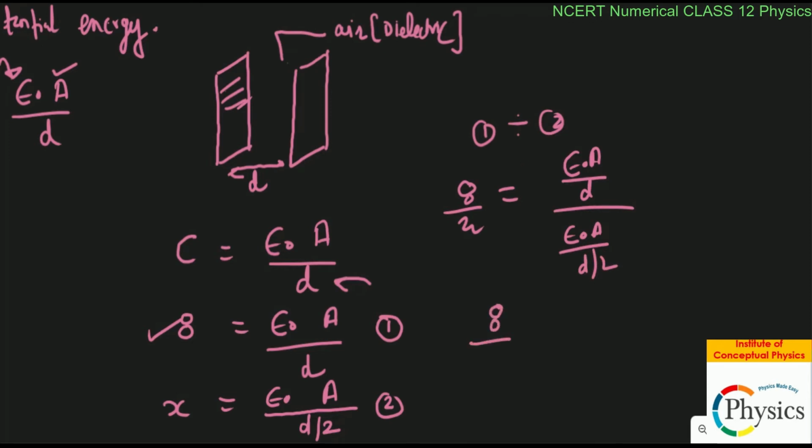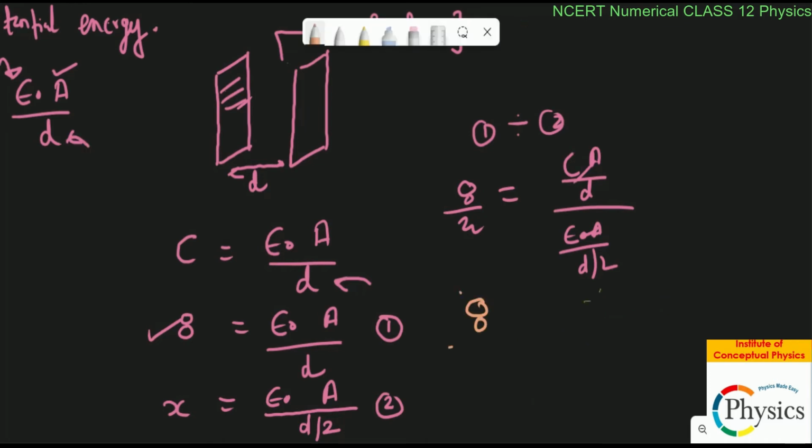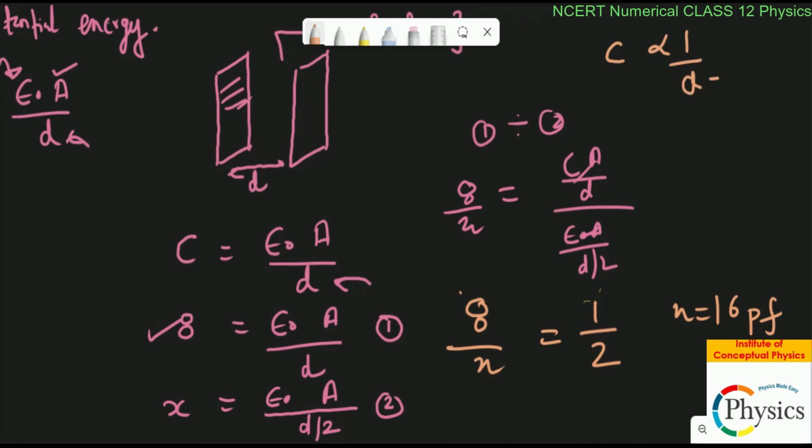This goes away. You're left with D upon D by 2 is equal to 2. The distance has been reduced, right? So 8 by x is equal to 1 by 2 and x is equal to 16 picofarads. So capacitance is inversely proportional to D. If D reduces, the capacitance increases.